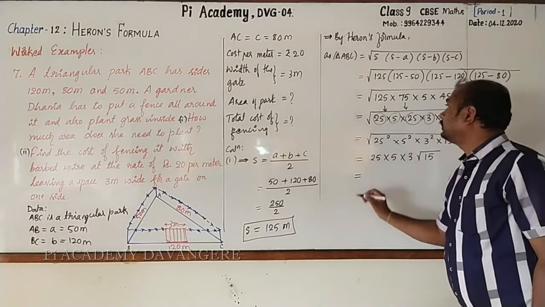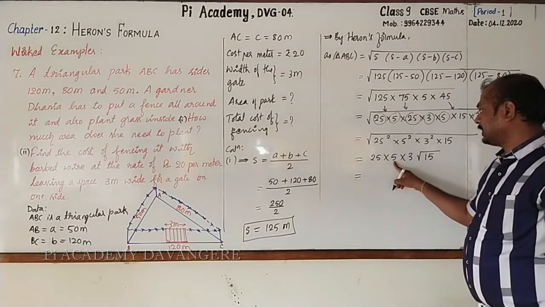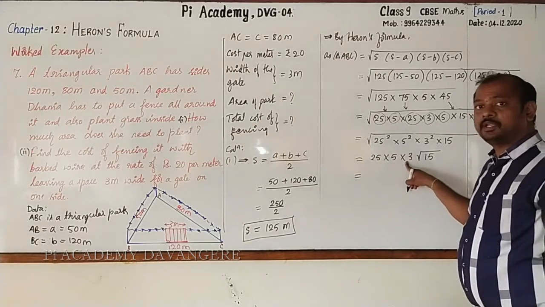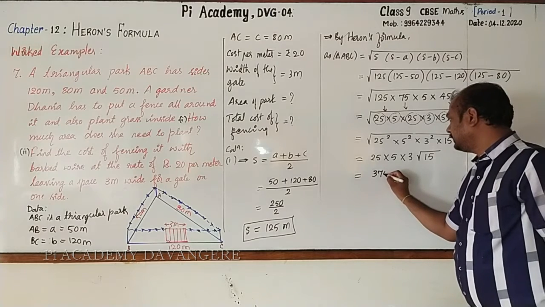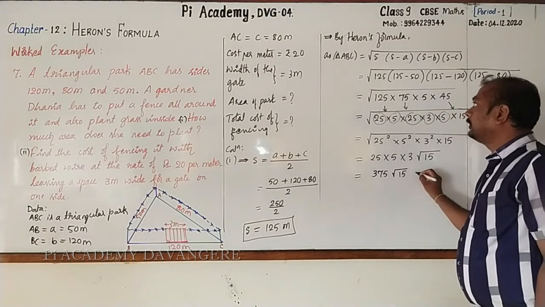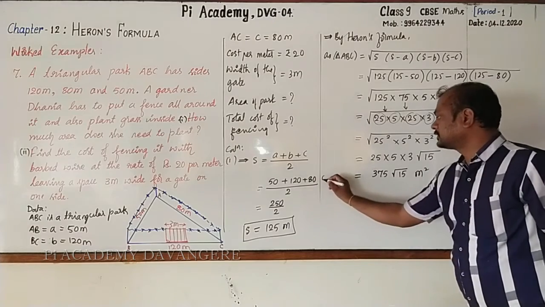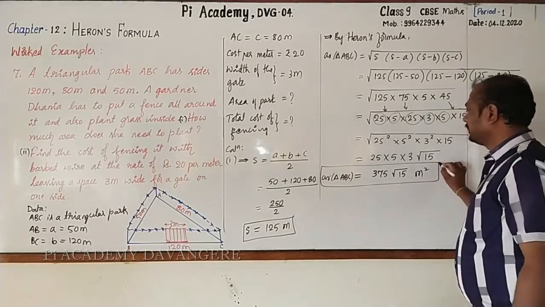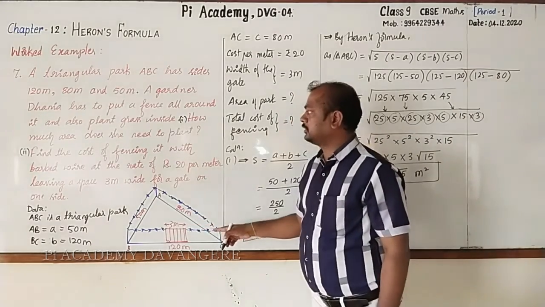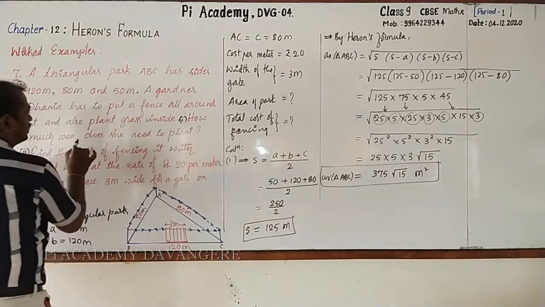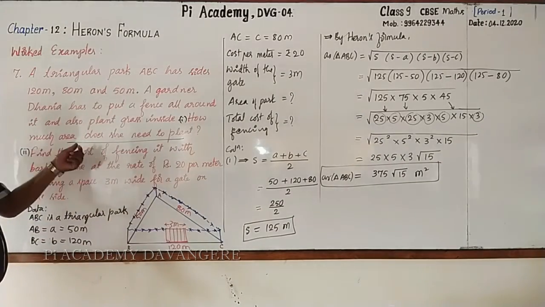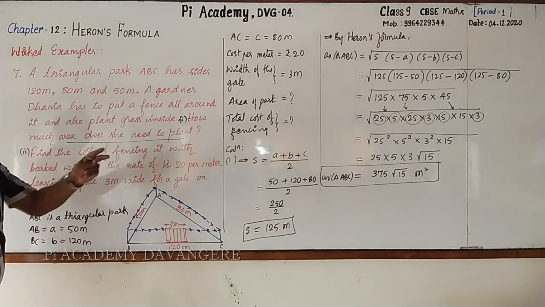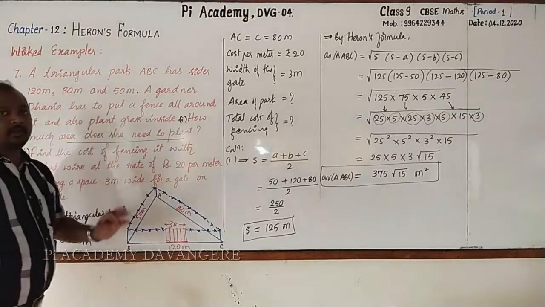This is equal to 25 5s are, sorry, 125. 125 3s are 375. Root 15 meter square. This is the area of triangle ABC. What does ABC indicate? It is the triangular shaped part. So now we can write, therefore, the area in which Dhania needs 375 into root 15 meter square area to plant the grass.